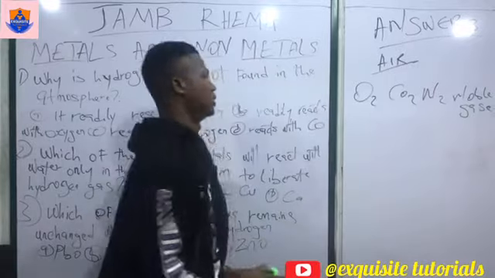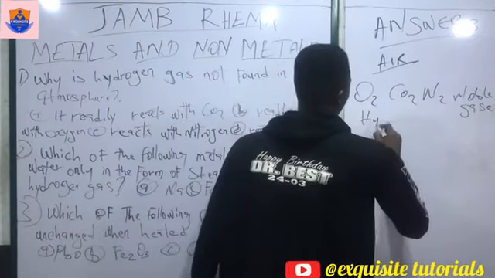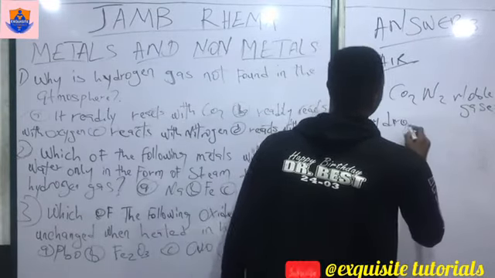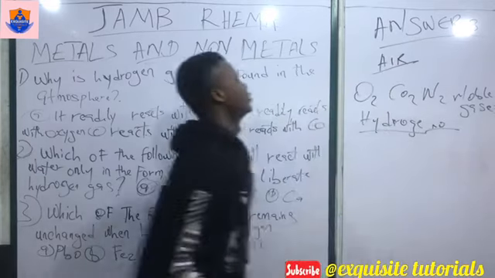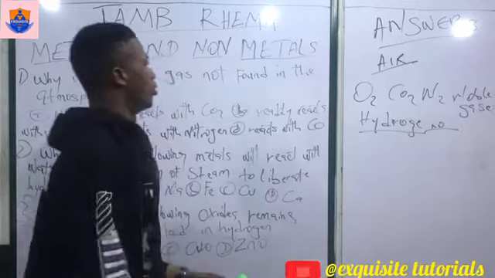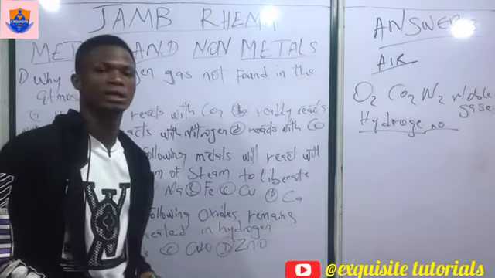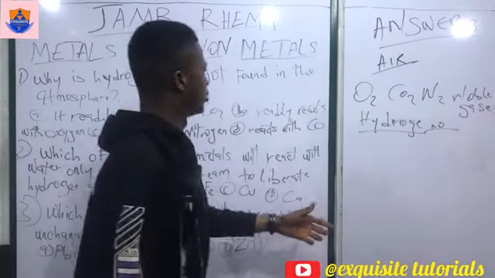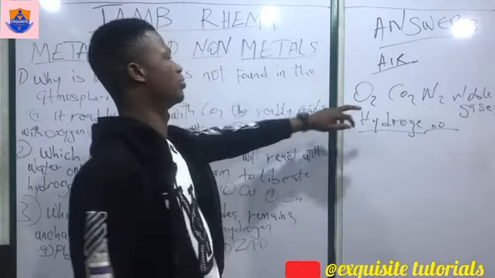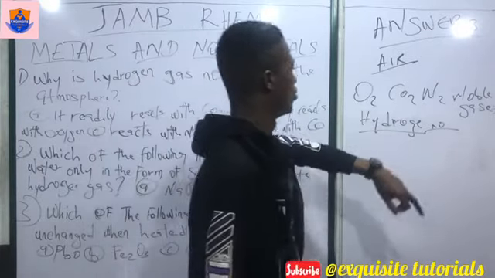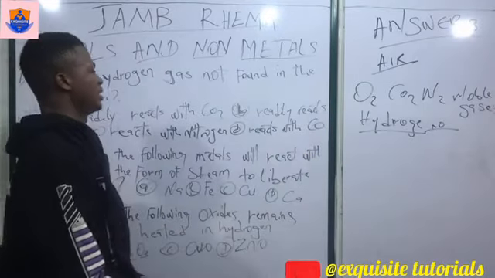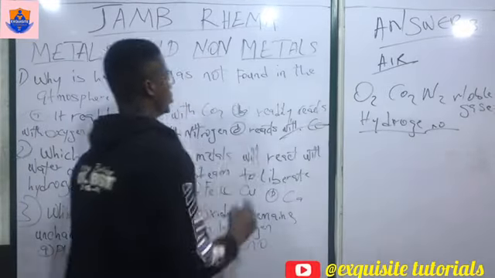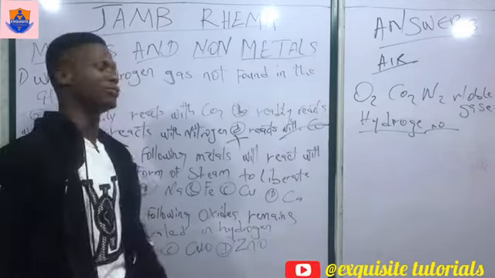There is no hydrogen in the atmosphere. Now, we are meant to ask, why is it that hydrogen is not found in the atmosphere? Is it because hydrogen reacts with oxygen, carbon 4 oxide, nitrogen, or carbon monoxide? Carbon monoxide is already out of the equation, so D is wrong.